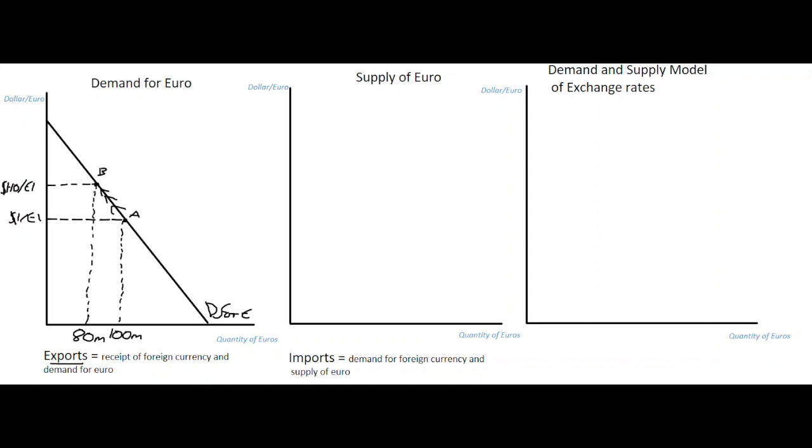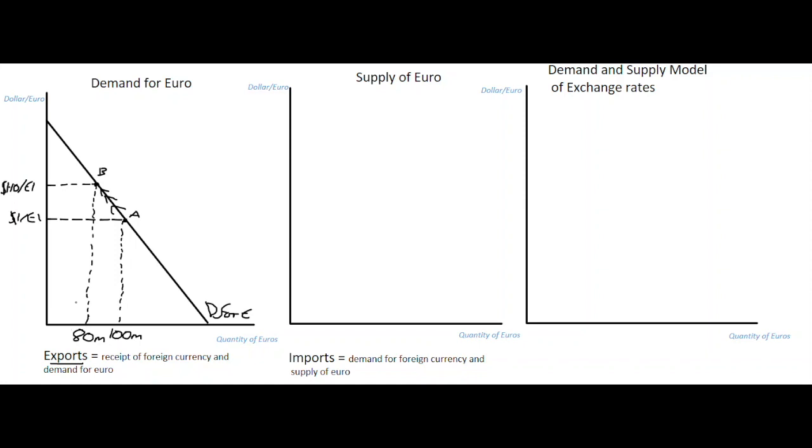And when they're more expensive, this means that people from outside of the euro area, the US in this case, are buying less of them. And if they're buying less of them, they need to demand less euros. So an appreciation leads to a loss of competitiveness, a reduction in exports, and therefore a decrease in the quantity of euros demanded.